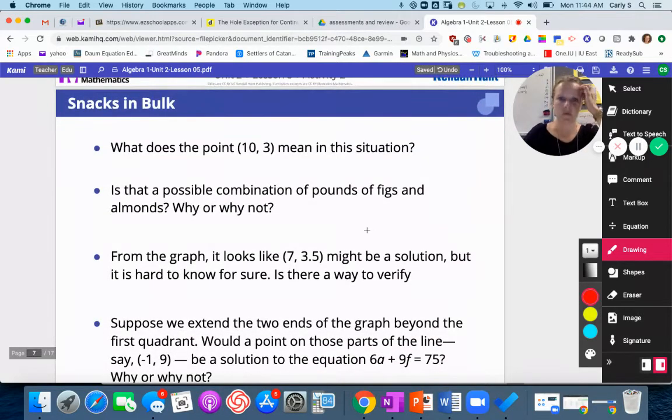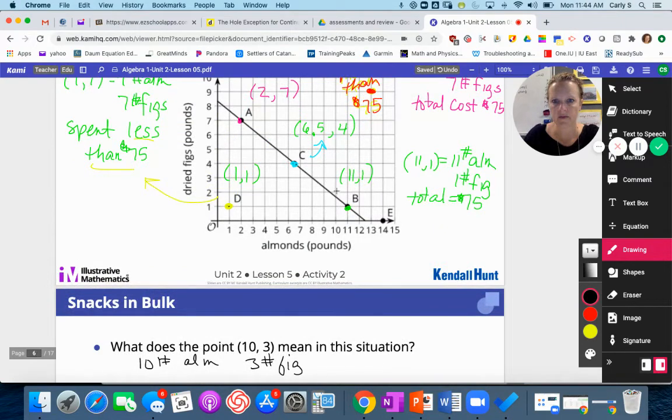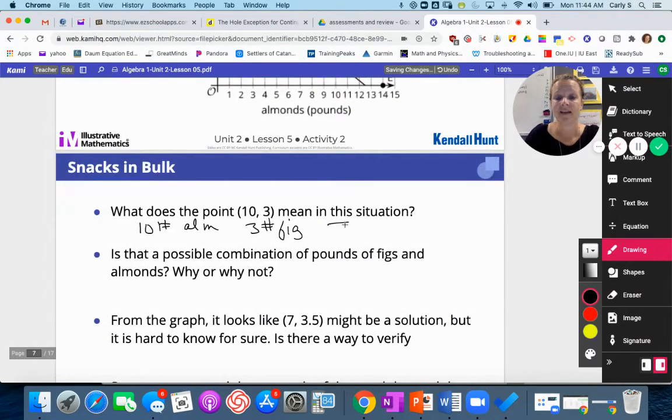All right, now we're just reviewing. What does the point 10, 3 mean in this situation? That would be 10 pounds of almonds and 3 pounds of figs, and I'm not sure if that's on the line. I'm going to check. 10, comma 3, and spent too much money.